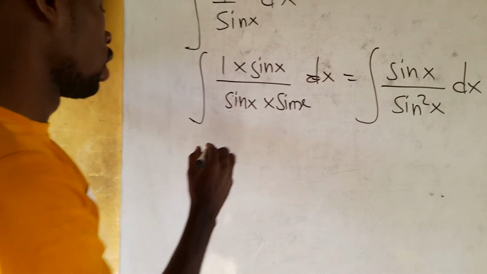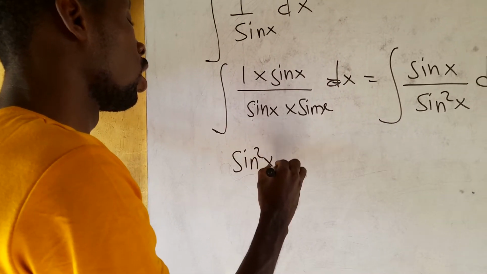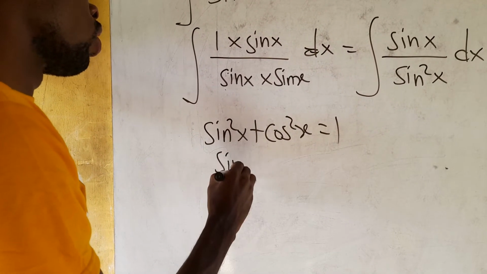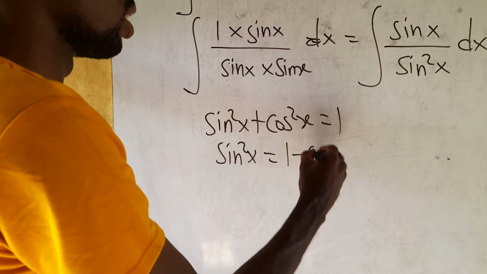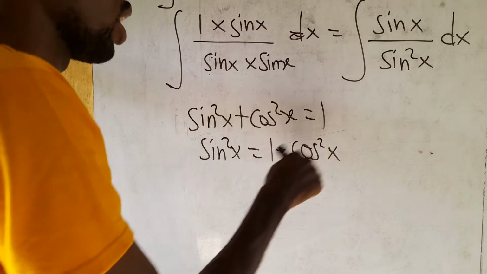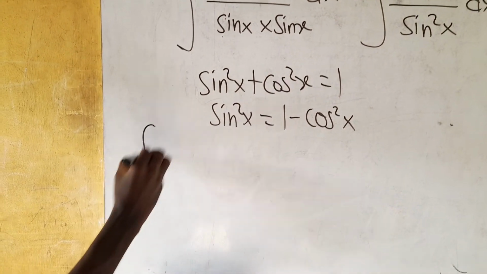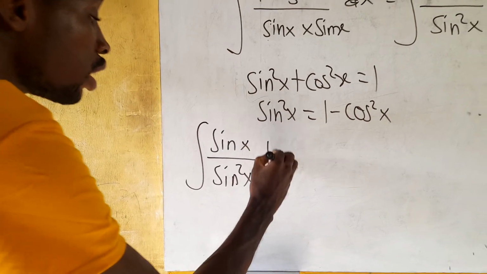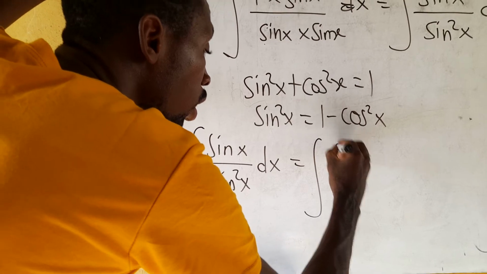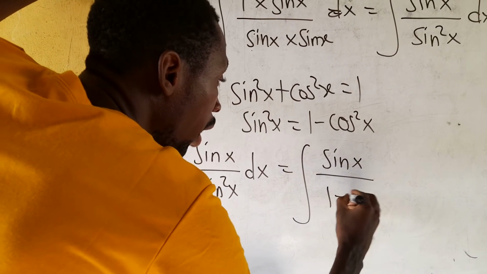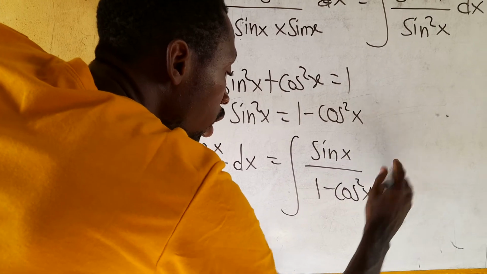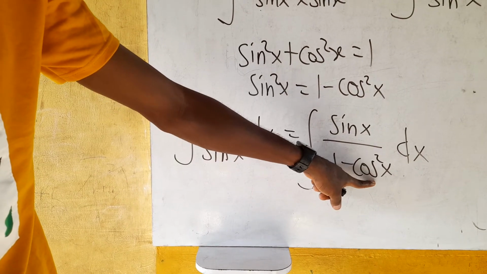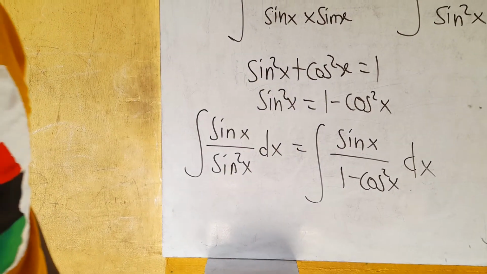Remember, sin square x plus cos square x is equal to 1. So sin square x is equal to 1 minus cos square x. In place of sin square x, I'll put that. So the integral of sin x over sin square x dx will be equal to the integral of sin x over 1 minus cos square x dx. I'll let u be equal to cos x, then I will do integration by substitution.